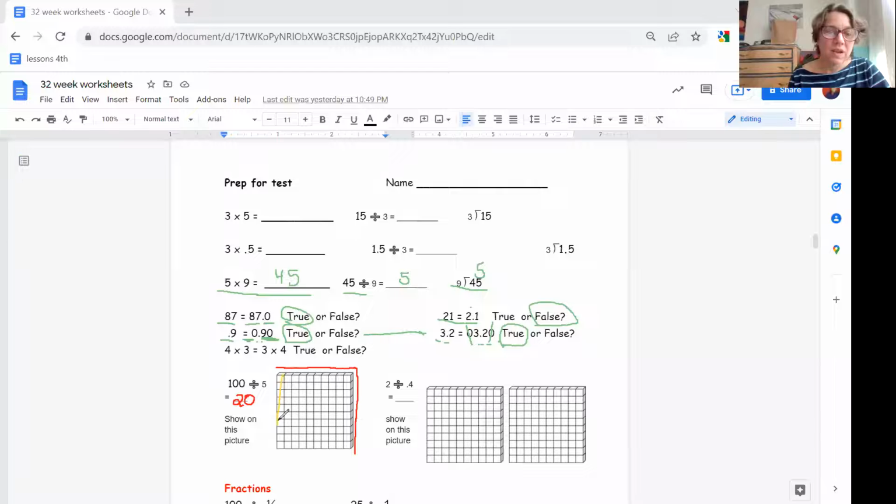Here's 1 group of 20, right? 2 groups of 20, all of this. 3 groups of 20, all of this. 4 groups of 20. And finally, let's do black. Black is awesome. 5 groups of 20. So again, it's 5 groups of 20 or 20 groups of 5.